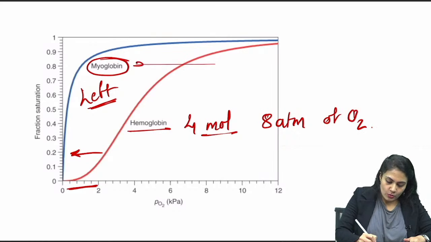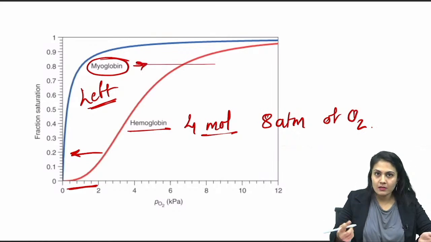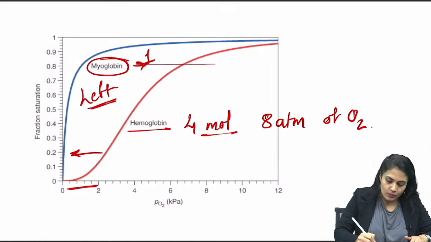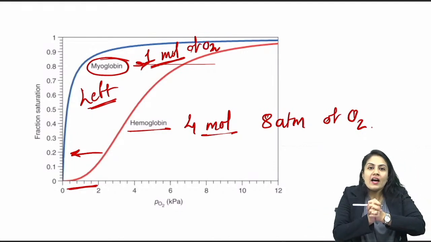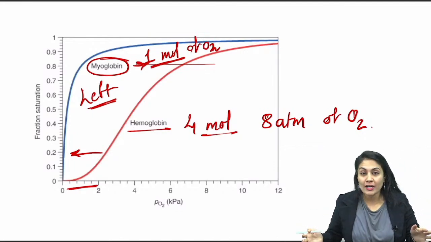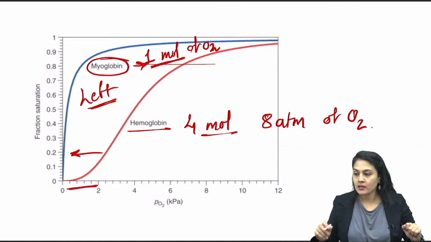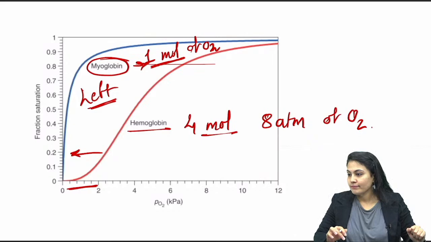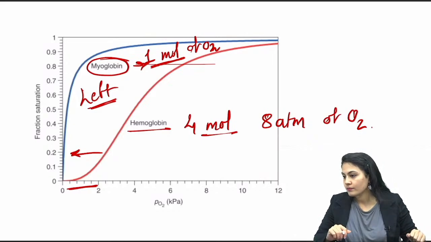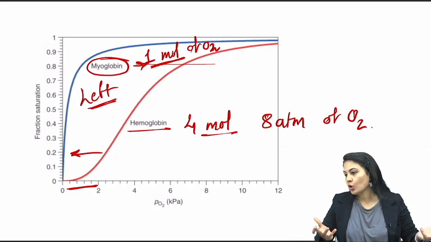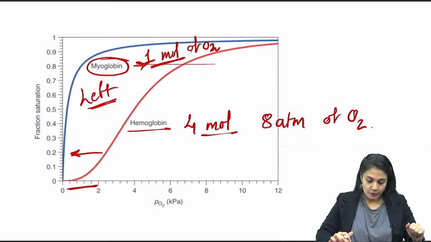But myoglobin is present in the muscle, that's why it is called myoglobin. It is going to bind to 1 molecule or 2 atoms of oxygen only, right? It has very high affinity. Affinity means attraction, so it won't give up the oxygen very easily, right? Hyperbola, very good. No cooperative binding, very true.